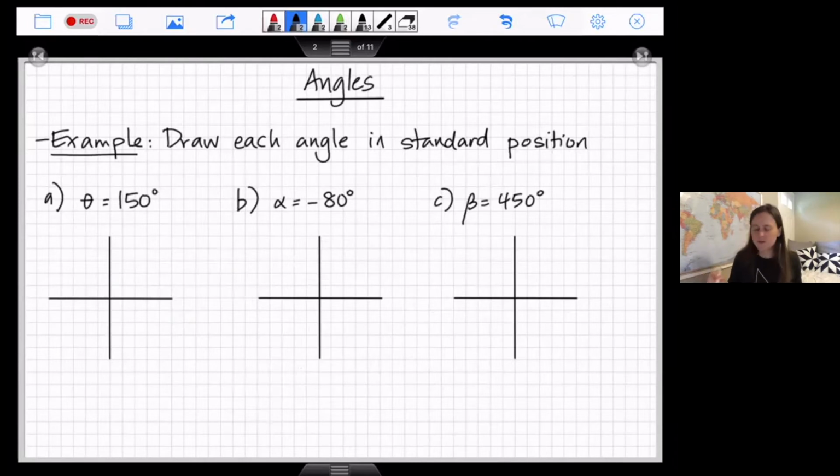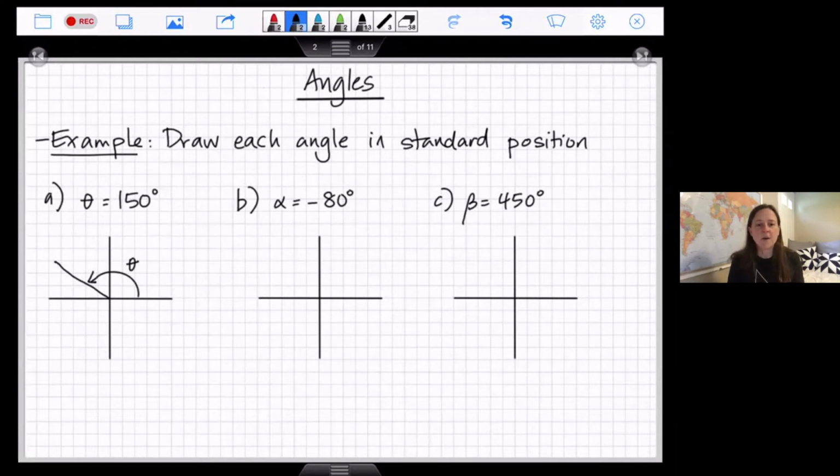Now, 150 is more than 90, and it's less than 180, a little bit closer to 180 than it is to 90. So I'm going to guess that it's about right here. Okay, so when you draw these angles, it's important that you include that arrow that tells you which way it's rotating, because you could land at the same terminal side by rotating either clockwise or counterclockwise. We just have a different angle measurement, one positive and one negative.